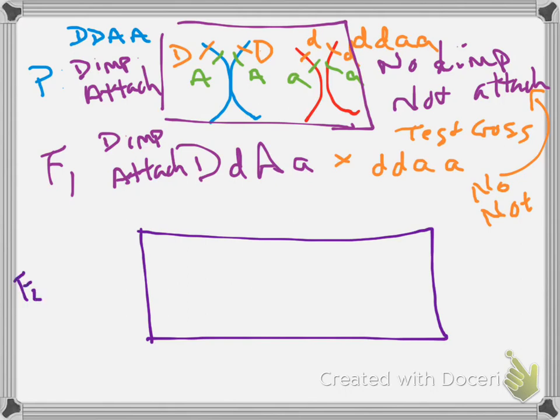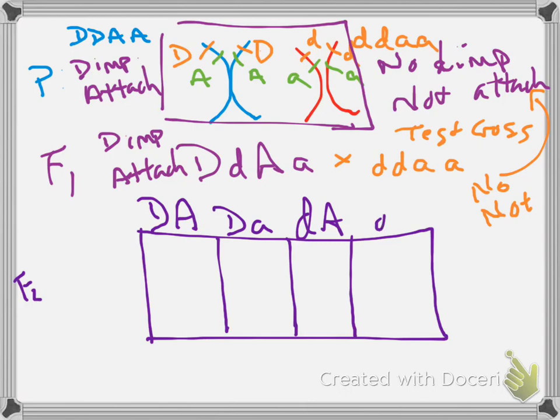Let's put these in here. Let's see. Big D, little a. Here's what we're used to writing on these. Little d, big A. Little d, little a.